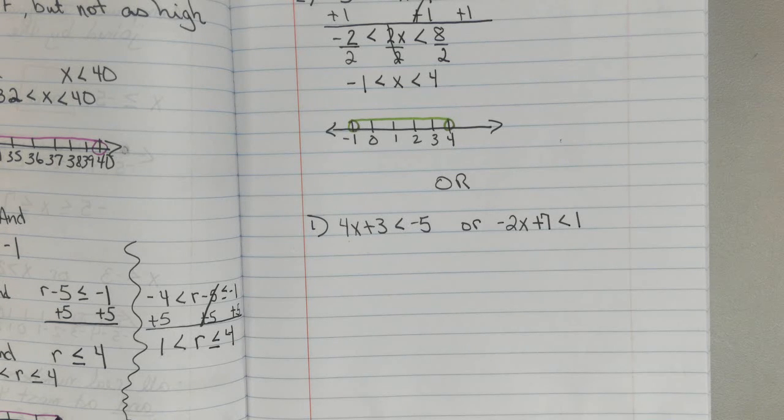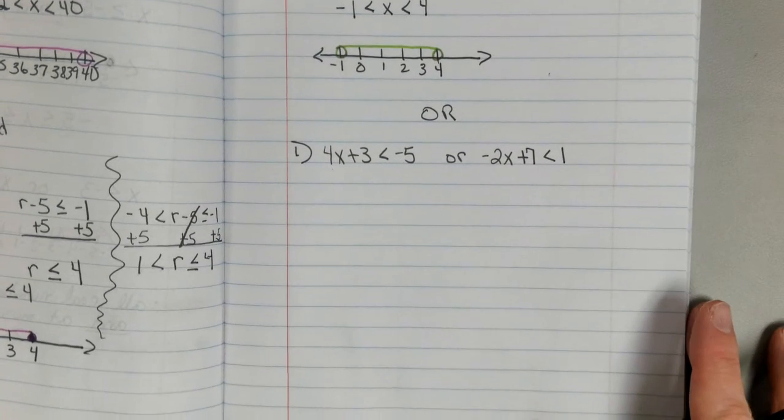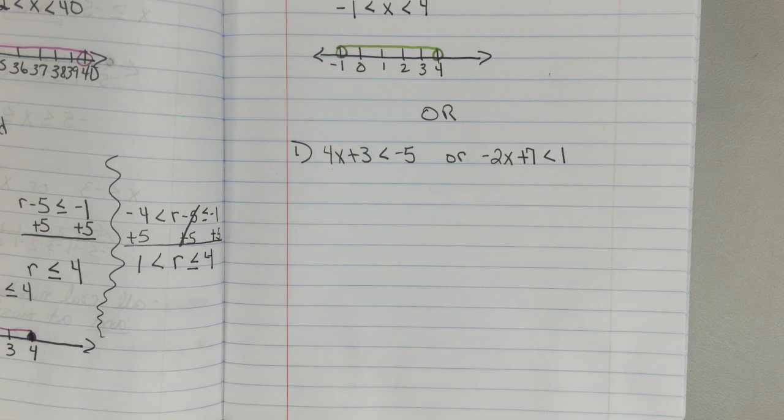Okay. Now these are going to work as two separate inequalities because they're not sharing, it's an OR. All right, so go ahead and work both sides. You know how to solve an inequality. And graph.